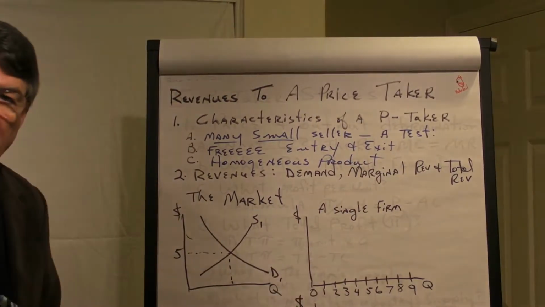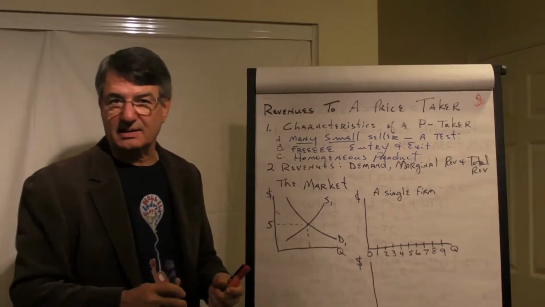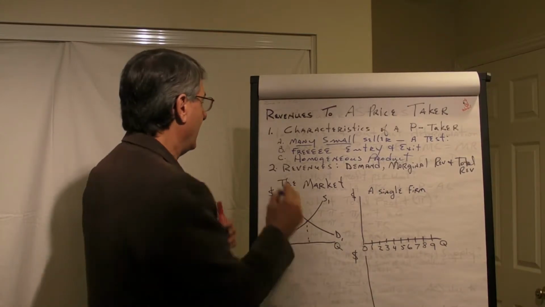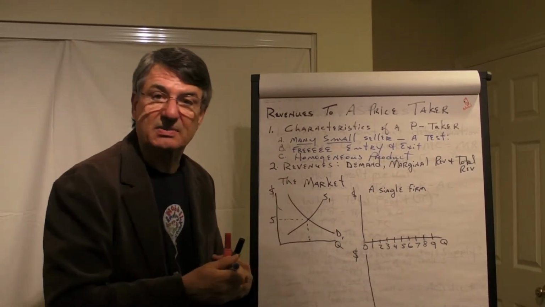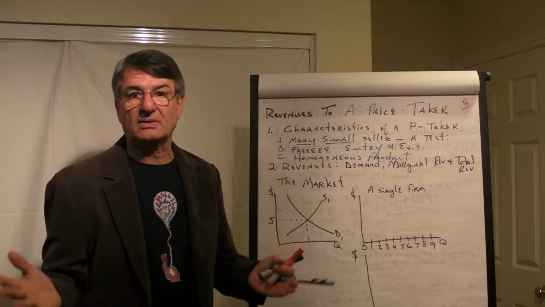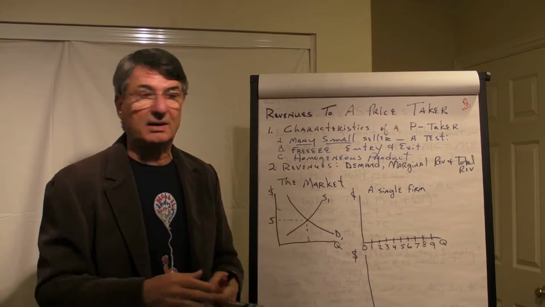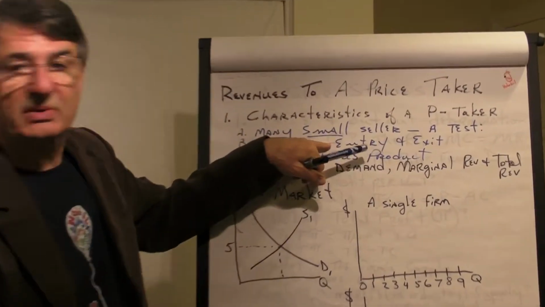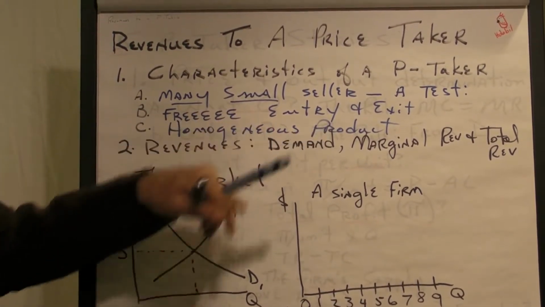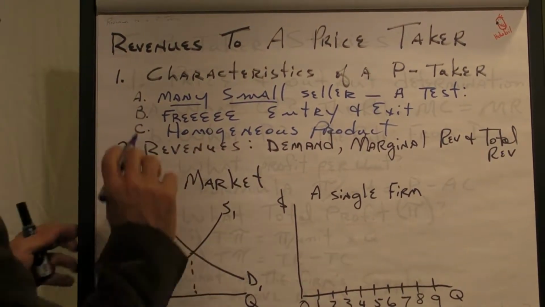It's a homogeneous product that one firm sells exactly the same thing as another. It's not differentiated, it's not advertised. Examples of price taker markets might be agricultural markets. There are thousands or hundreds of thousands of different sellers of wheat in the wheat market. There are no significant barriers to entry or exit, and the wheat from one seller is exactly the same as the wheat from another seller. So those are the characteristics.